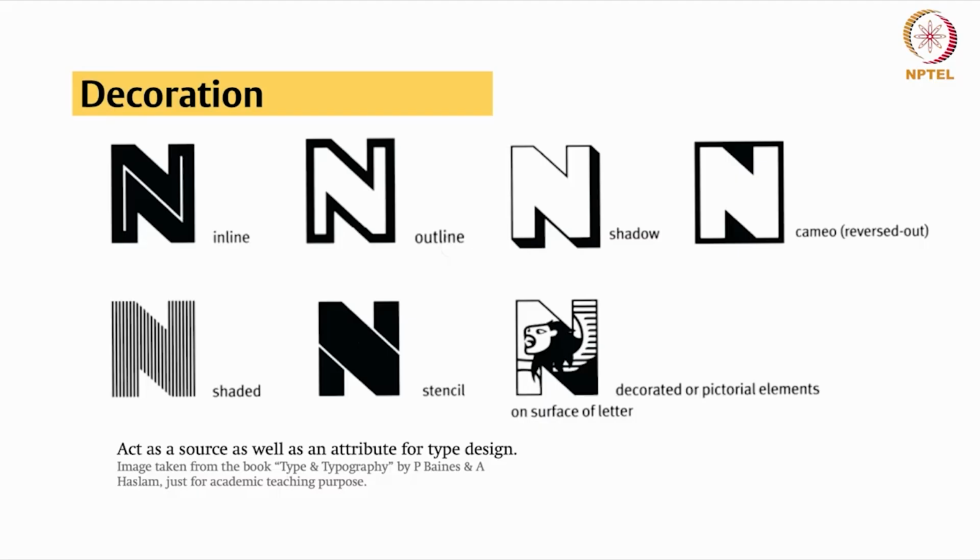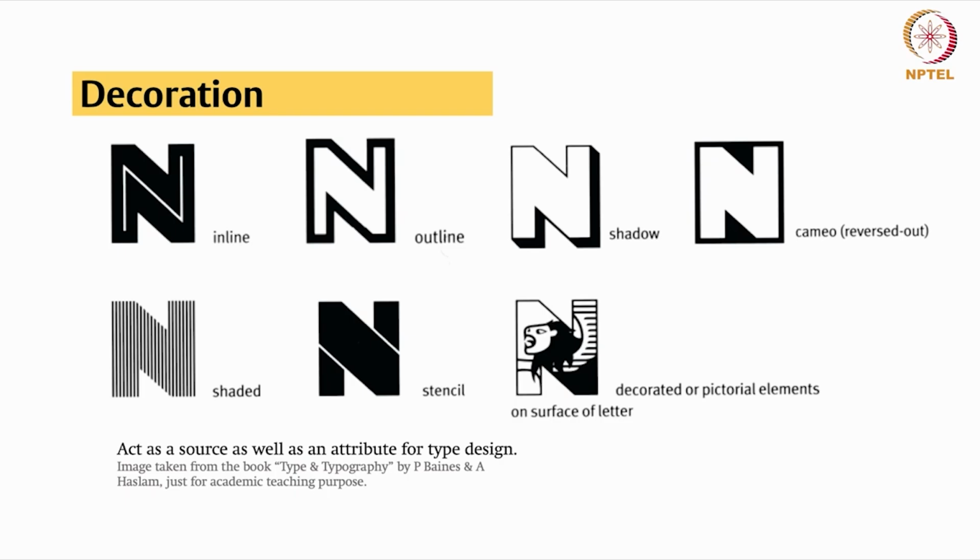For example, in some decorative typefaces, there is inline, which is the first example on the screen, the thin line running inside the strokes of the letter, or outline, the second example, where the letter's border is defined but the inside is hollow. These treatments are added to give an engraved or 3D effect. This is often seen in retro, industrial or engraved styles, adding depth and texture to the typeface.